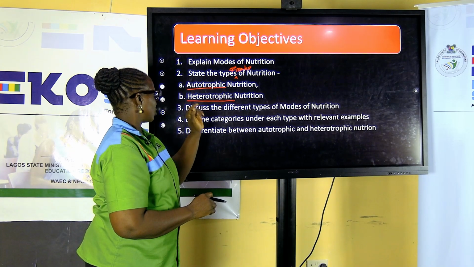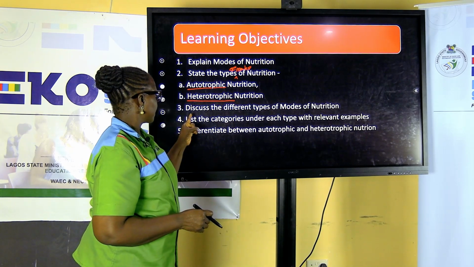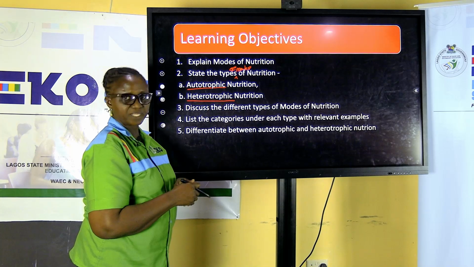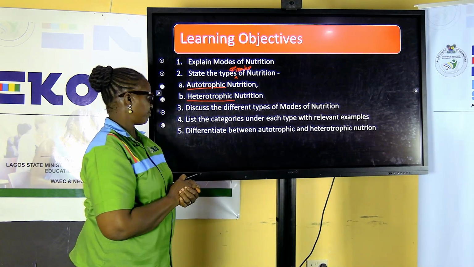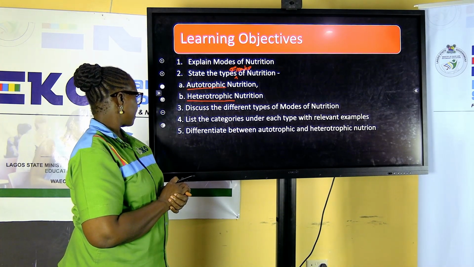For this autotrophic and heterotrophic mode of nutrition, you will be expected to discuss it further, be able to give relevant information about the two types of modes of nutrition.